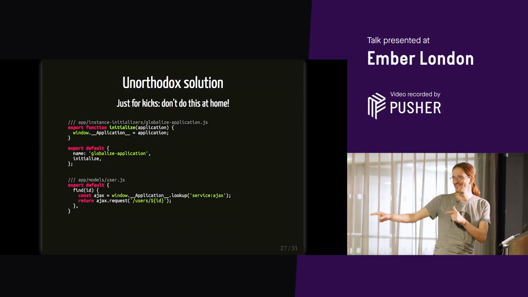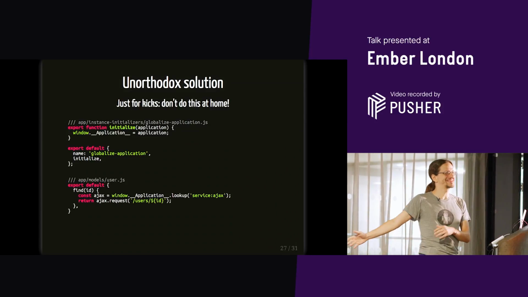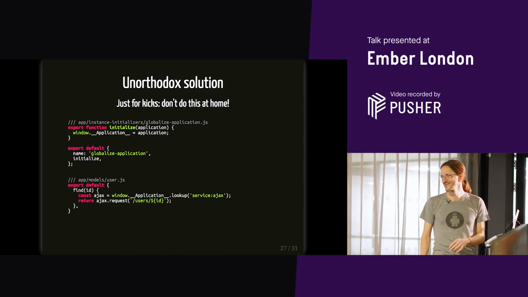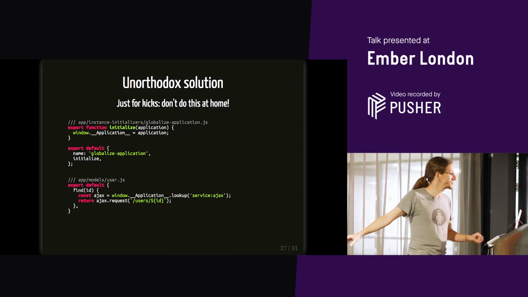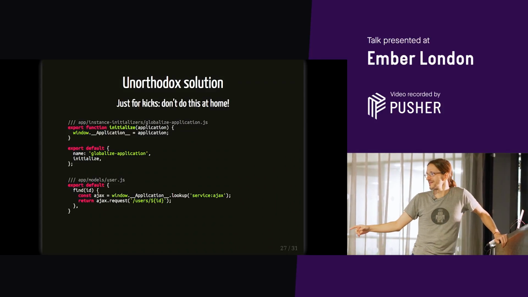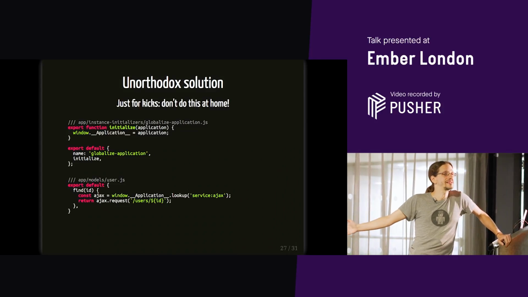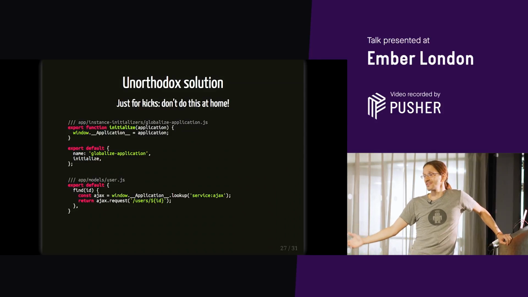And then in our model, we access this global that we have left there, and true enough, we can access the container. We can look up, for example, in this case, the AJAX service, and use it to make our AJAX request. And this works with Ember CLI Mirage, and we have access to services through this terrible, terrible hack, but it works.